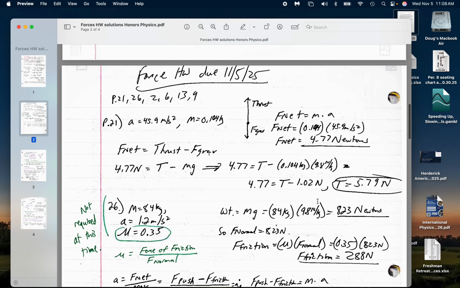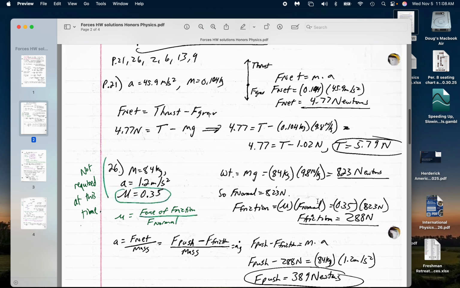Next one is number 21. It's a rocket, and it was basically accelerating upward at 45.9 meters per second squared. Determine the upward thrust. You need to be careful. You can't just multiply 0.104 times 45.9, because this acceleration is caused by a net force, and that net force is the thrust subtracting off the force of gravity.